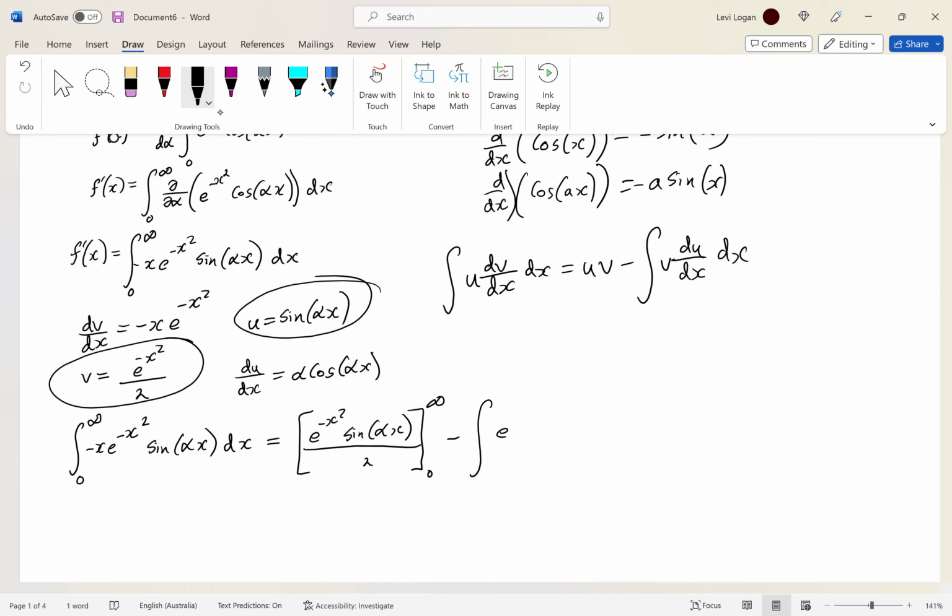So we're going to have e to the negative x squared alpha cos of alpha x all over 2 dx.